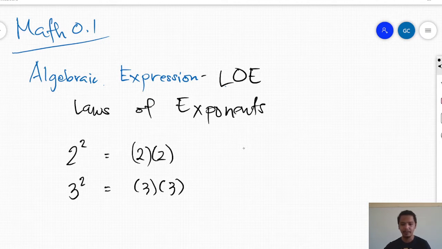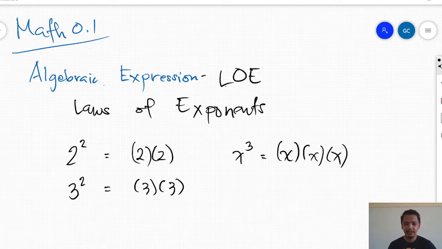So, kung halimbawa, meron kang, let's say, x raised to 3, that will be equal to x times x times x. So, ganyan yung understanding natin sa exponent.